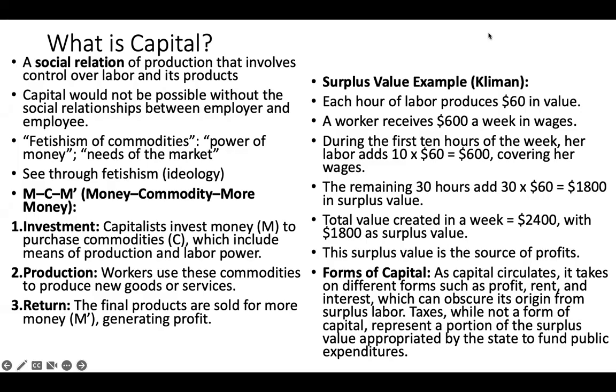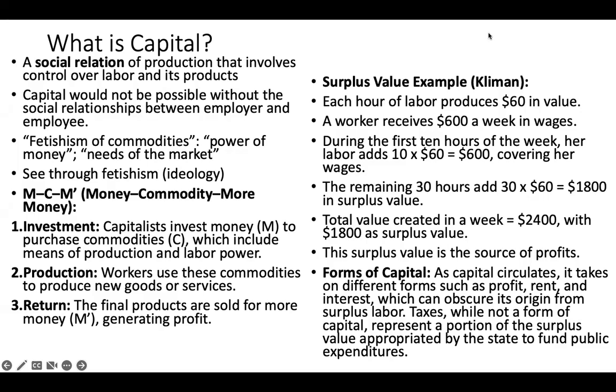Now, again, as capital circulates, it takes on different forms. So capital itself goes through different forms. It can be money capital, it can be commodity capital, it can be production capital. At all different steps in this process, it is still capital.